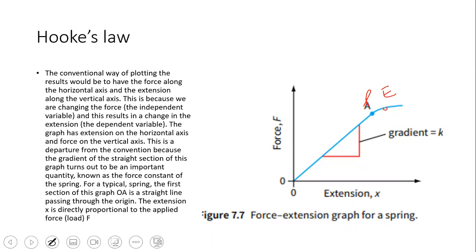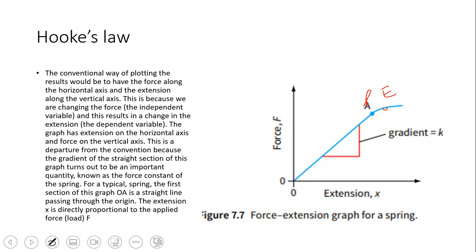So your point of proportionality and your elastic limit are not the same. Point of proportionality is where your force and extension are directly proportional to each other. Your elastic limit is actually a little bit ahead of the point of proportionality.